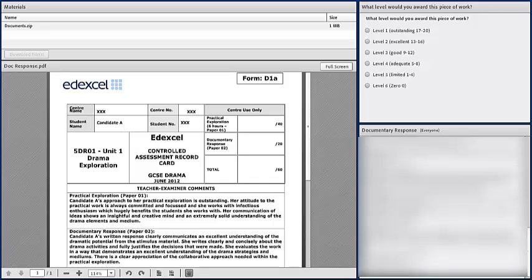Claire says, I was told not to annotate their work. Are we allowed to? As that would be very helpful. So just to re-establish what I just said, Claire, you are not required to annotate the student's work.